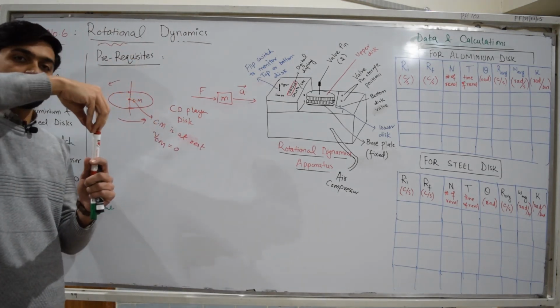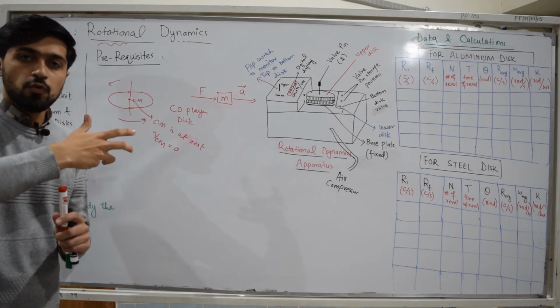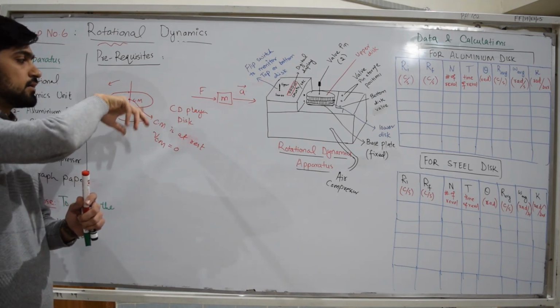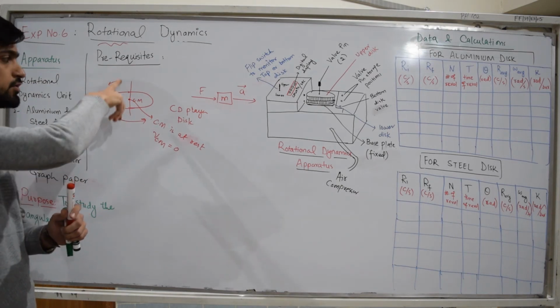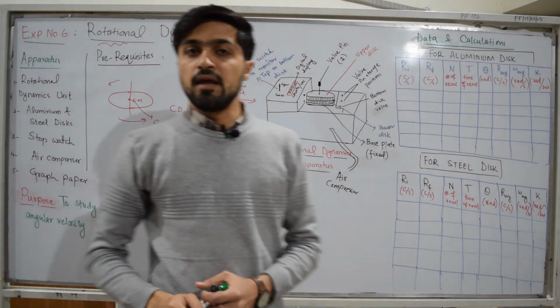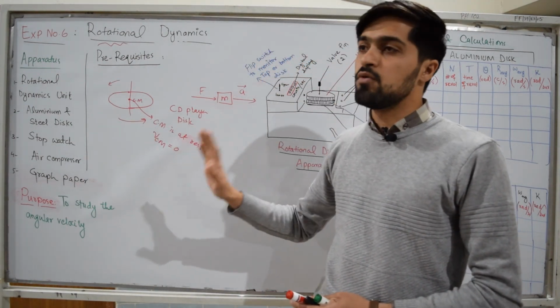The center of mass is at rest, but the disk is rotating due to some force, or we can say that a torque is responsible to rotate this disk about this fixed point. This is the case of rotational dynamics, and our experiment is about studying the angular velocity.